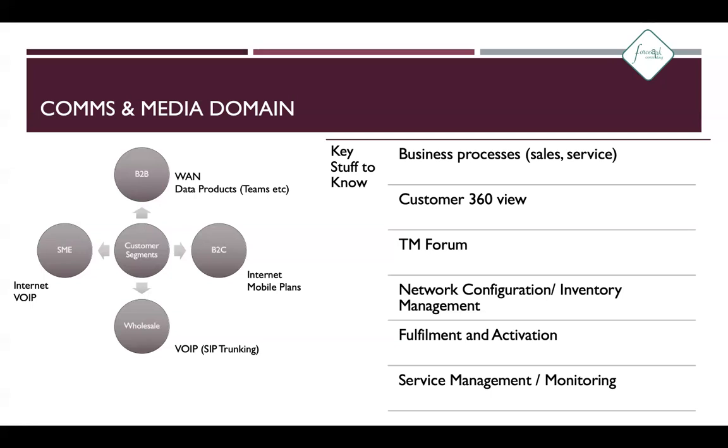And for each of these segments, our business processes would vary because I would be dealing in different volumes. I would be dealing in a different way. The product is being sold, and I would like to see different information for these sets of customers.